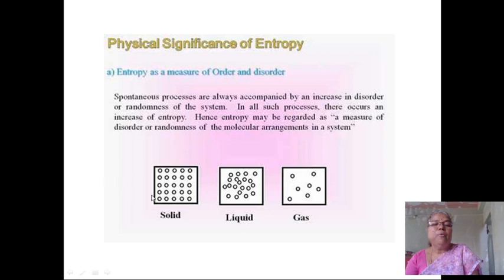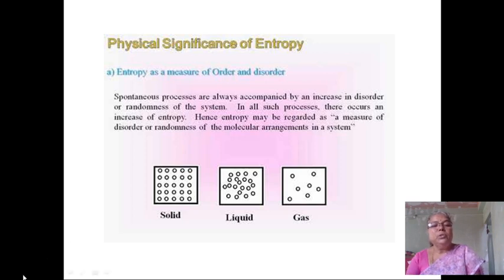Suppose we have a solid, for example NaCl solid. All of you know NaCl has a cubic structure, and all the Na+ ions and Cl- ions are arranged systematically in a regular and periodic arrangement.